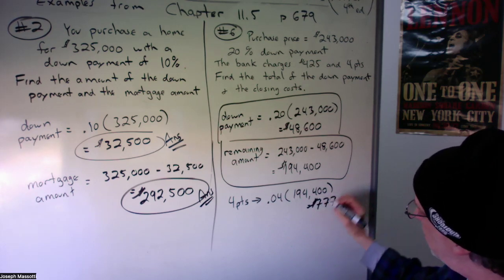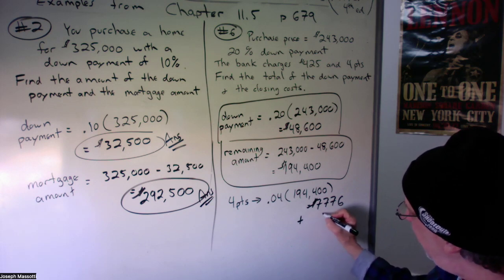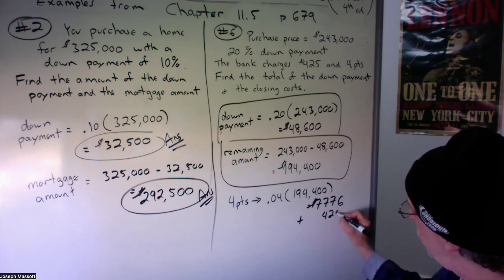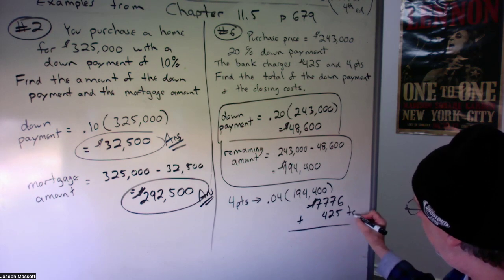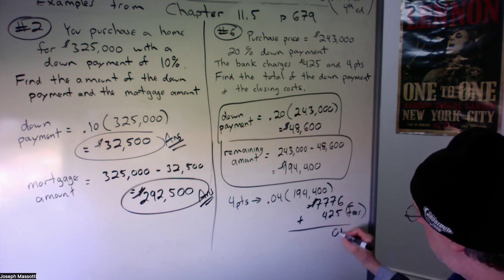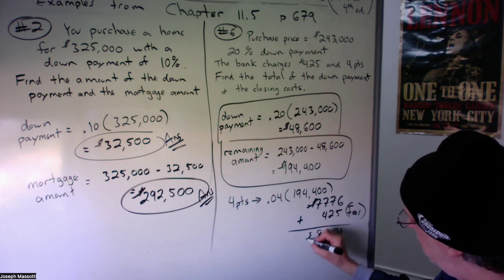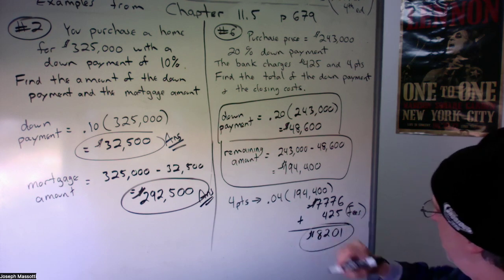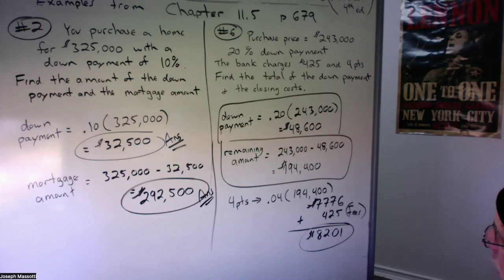So that's the points plus the fees of $425. Those were the fees. So we end up with 11, carry 1, 10, carry 1, 12, carry 1, 8. Right? $8,201 are the points and the fees.